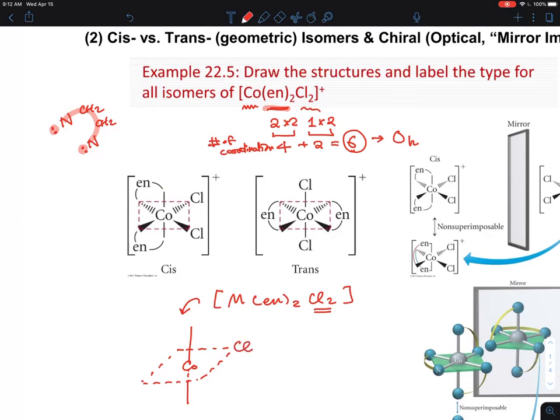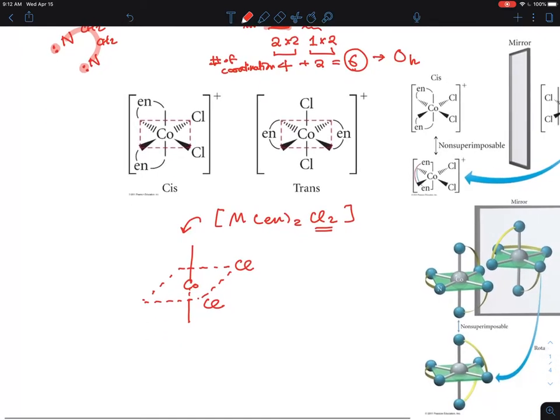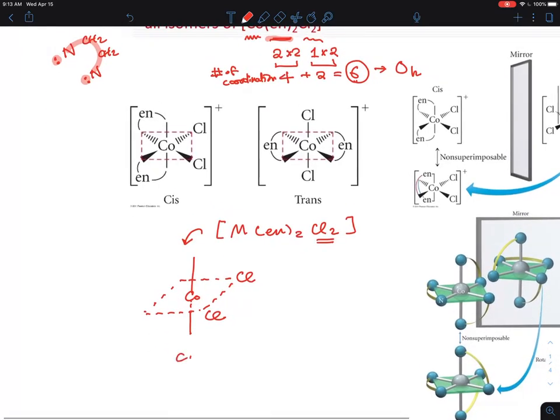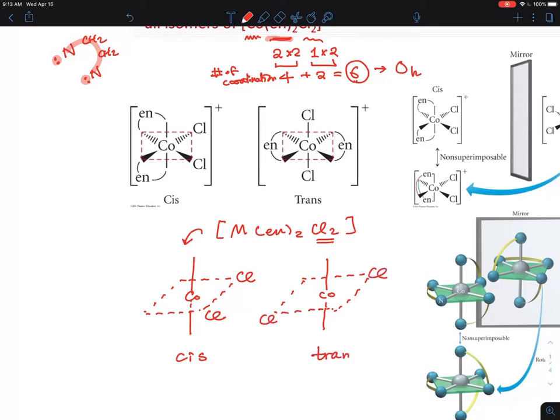If I put the chlorines on this side, just like the picture above, this is a geometric isomer called the cis isomer. And if I put the chlorines on opposite sides, deliberately here and here, this is a trans.